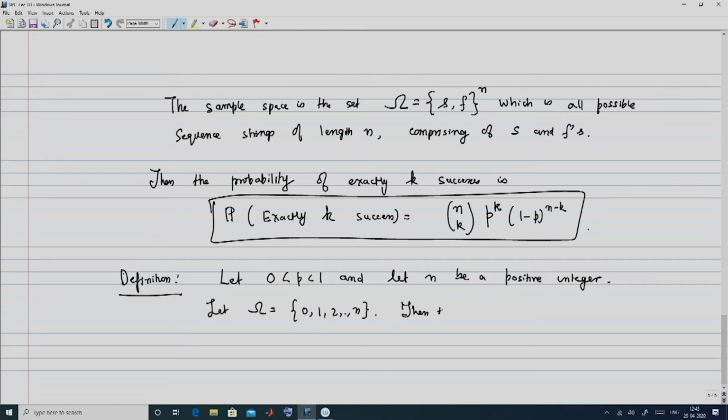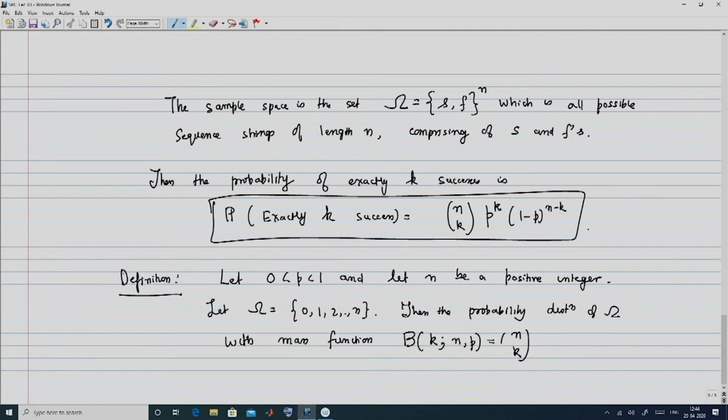Then the probability distribution of omega with mass function. Remember, we are using the term mass function because this is a discrete scenario, will be given by b of k, which is the k successes, semicolon n, p. So that means n number of trials with probability of success being p.